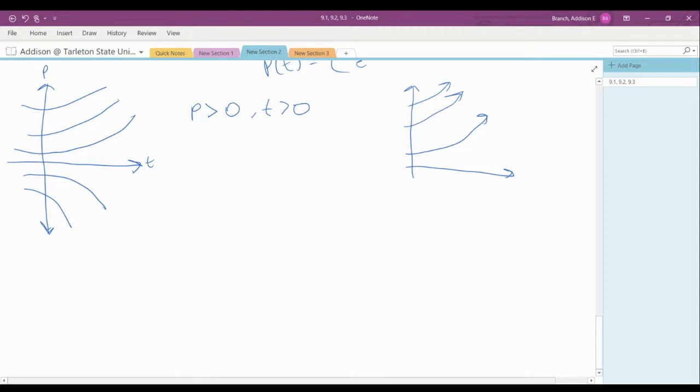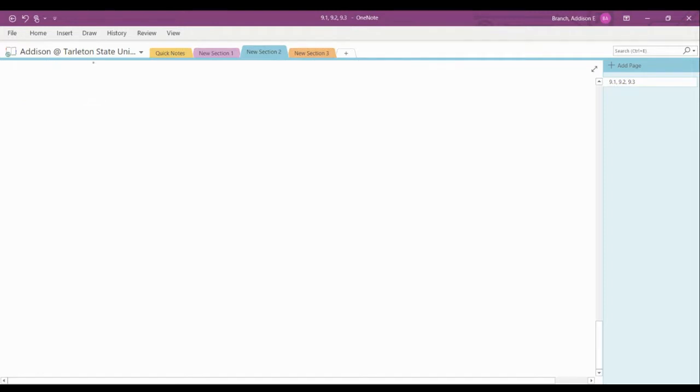So now let's talk about some properties of this model.